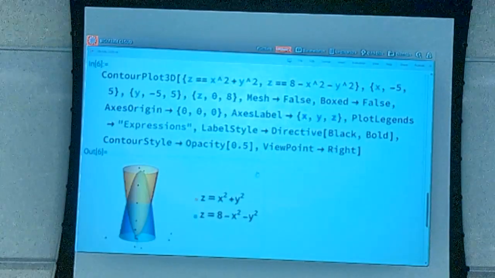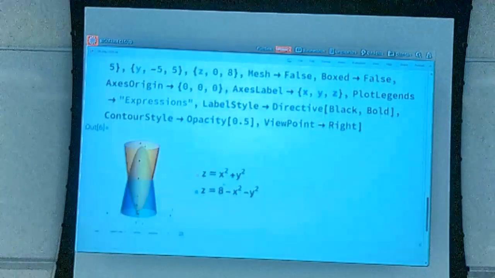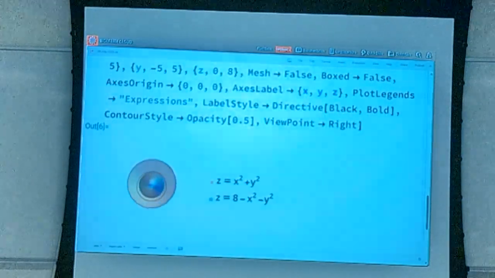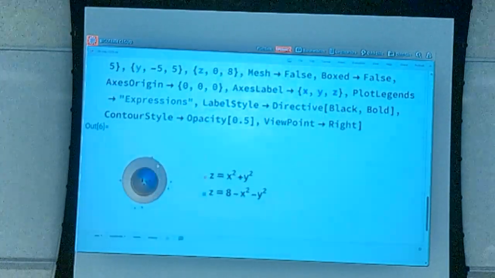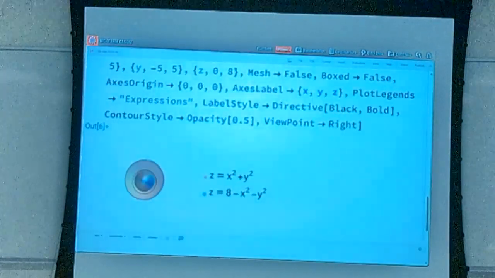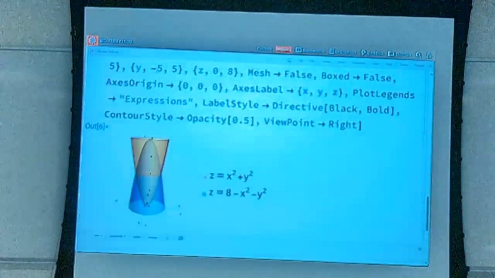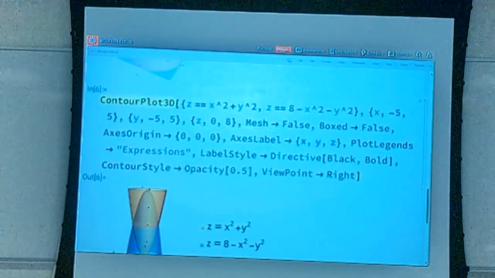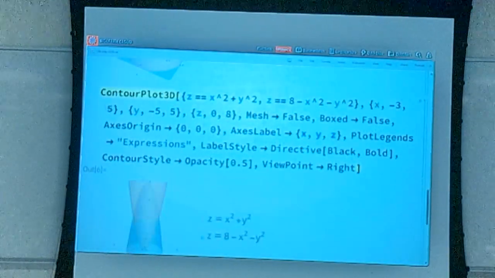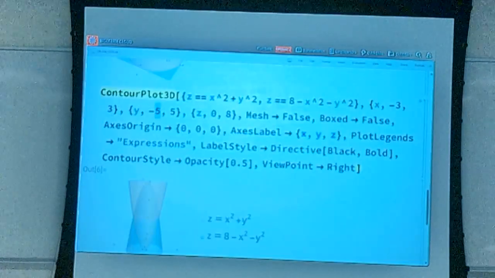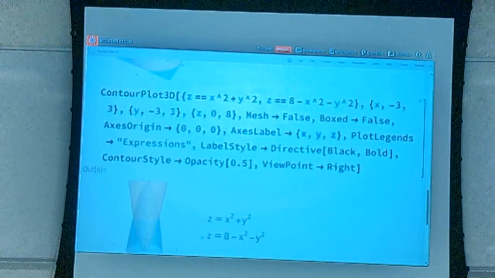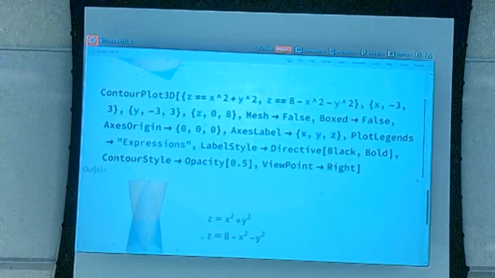And what about X and Y? I don't know, 3. Let's just look at 3. That's good enough.